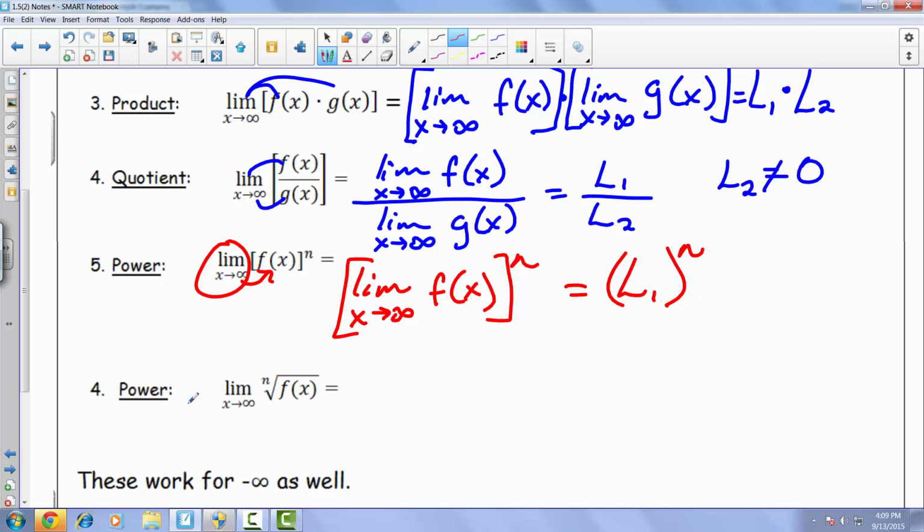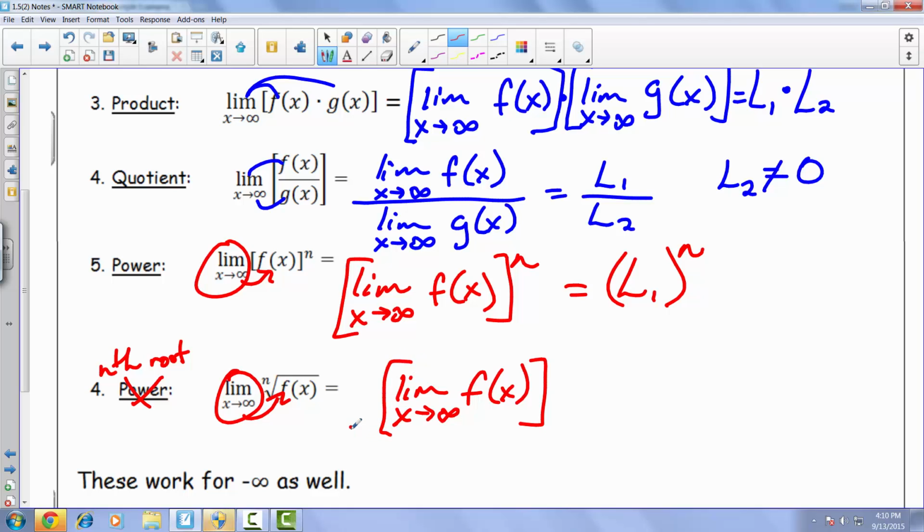And the power, I'm sorry, not the power, this should say the nth root. Believe it or not, the nth root is actually a form of the power, so this isn't totally wrong, but it works also for nth roots. So pretty much we can go ahead and apply our limit on the inside here. Then we end up with the limit as x goes towards infinity of f of x.